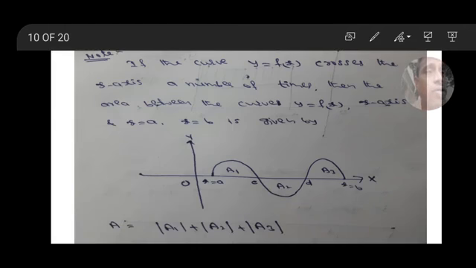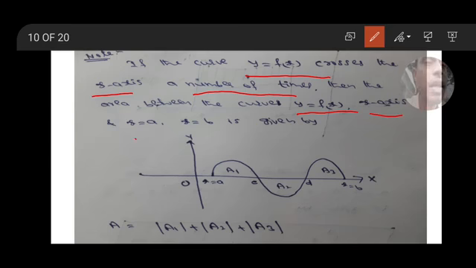If the curve y equal to f of x crosses the x axis a number of times, then the area between the curve y equal to f of x, the x axis, and x equal to a, x equal to b is given as follows. Suppose this is the curve y equal to f of x, crossing the x axis at 1, 2, 3, and 4, a total of 4 points.